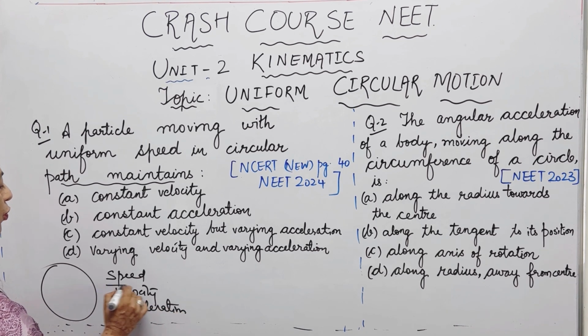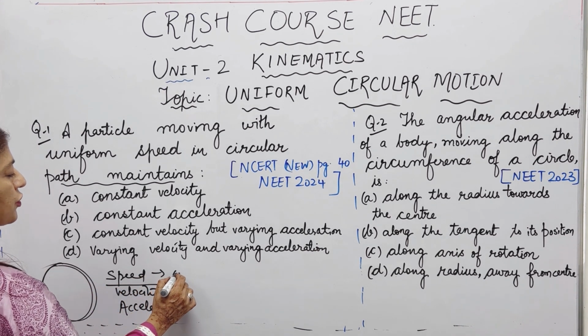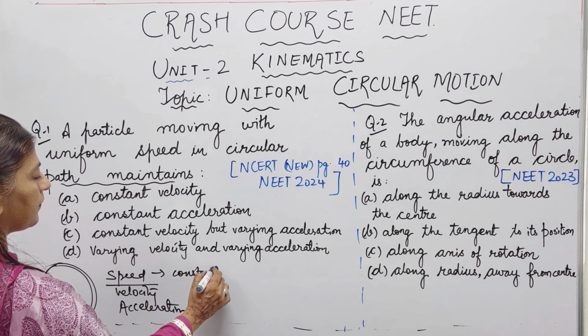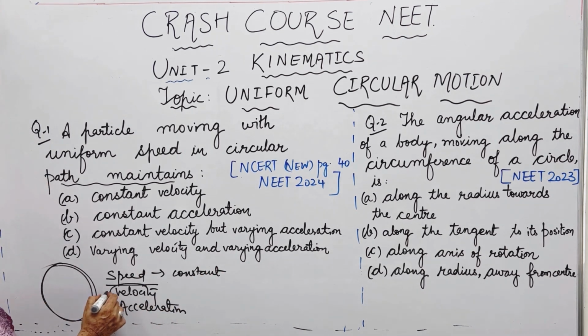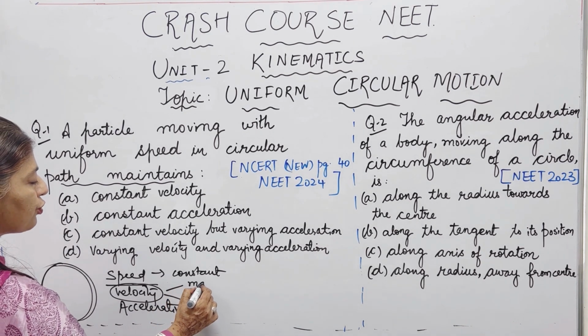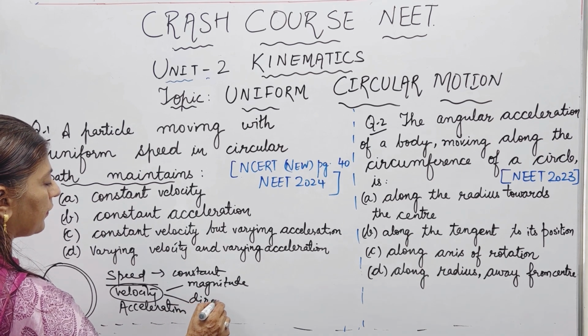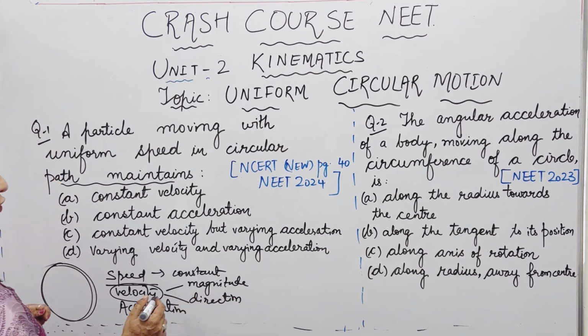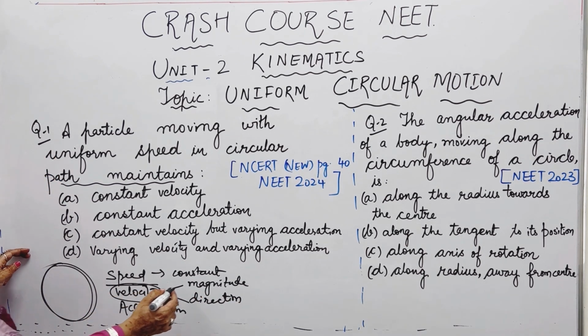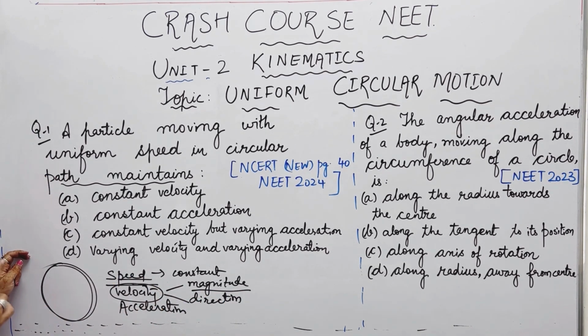For uniform motion, speed along circular path remains constant. Now, velocity has two components: one is the magnitude and second is the direction. So magnitude for a uniform circular motion is going to remain the same as that of speed. And what about the direction?